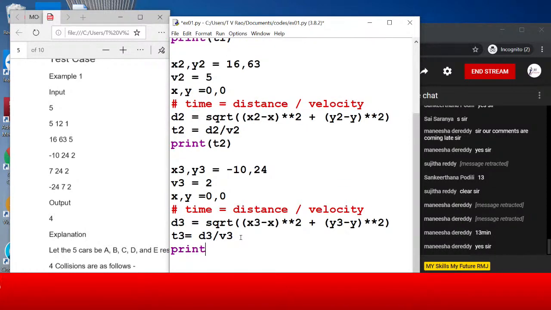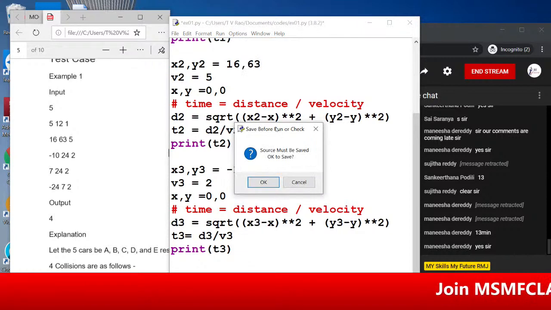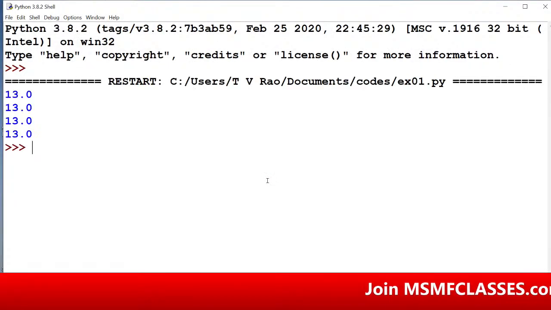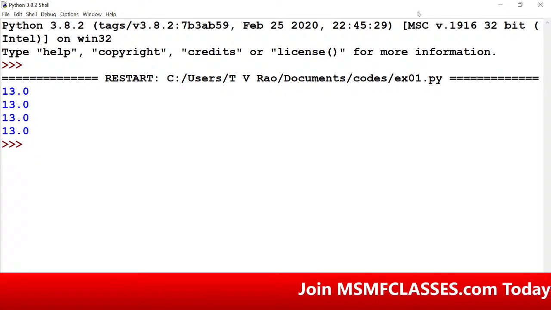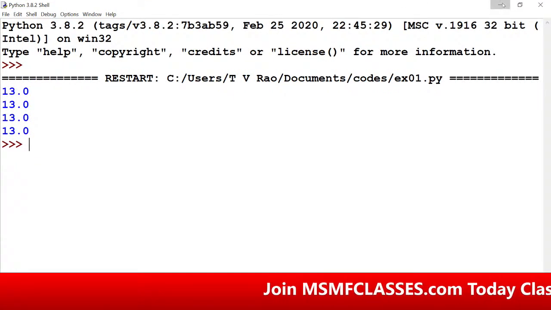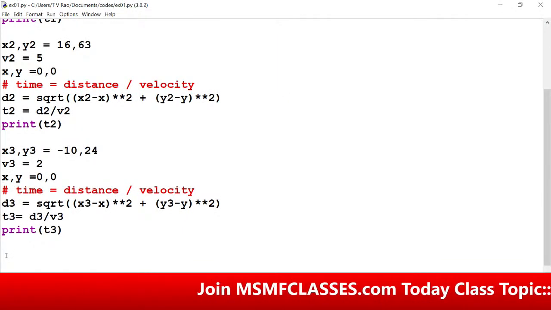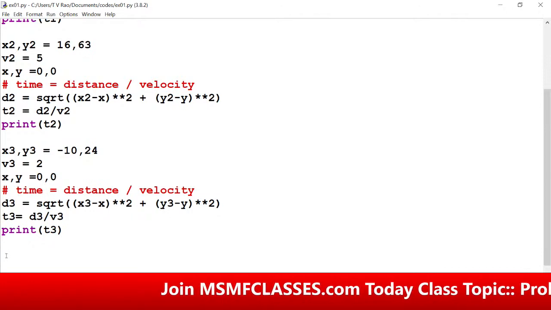Print t3. Acha, there is one more t3 here.